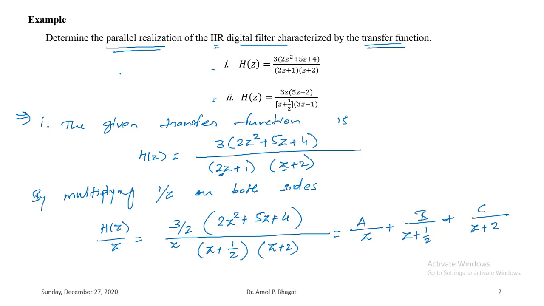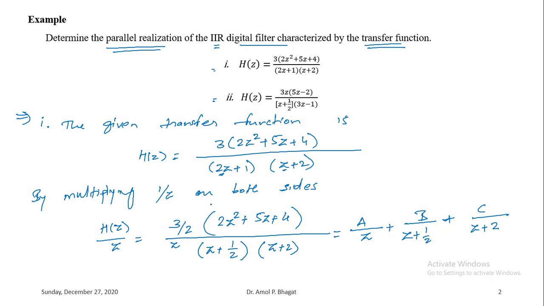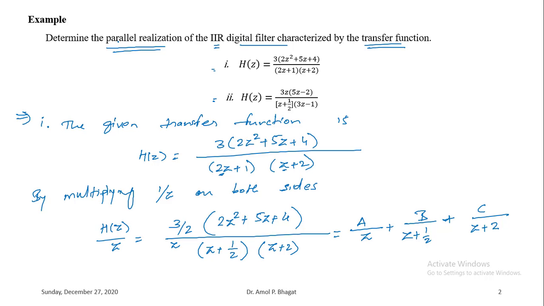So let's write this equation here. So this is 3 by 2 in bracket 2z square plus 5z plus 4. So if I'm sending this denominator to the right hand side, what I will get is 3 by 2 in bracket 2z square plus 5z plus 4 is there, right?